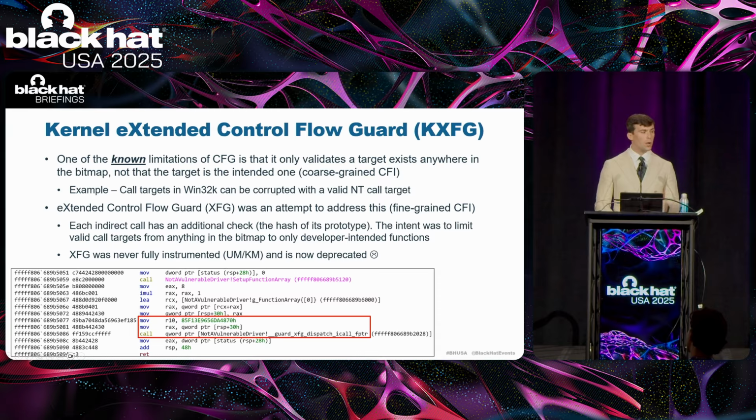When an indirect call happens, we take the in-scope XFG hash and compare it with the expected hash, and if they mismatch, we have a CFG violation. Unfortunately, although this reduces valid call targets to only developer-intended targets, it was deprecated, although it did have user mode and kernel mode support, and so it's no longer in use.